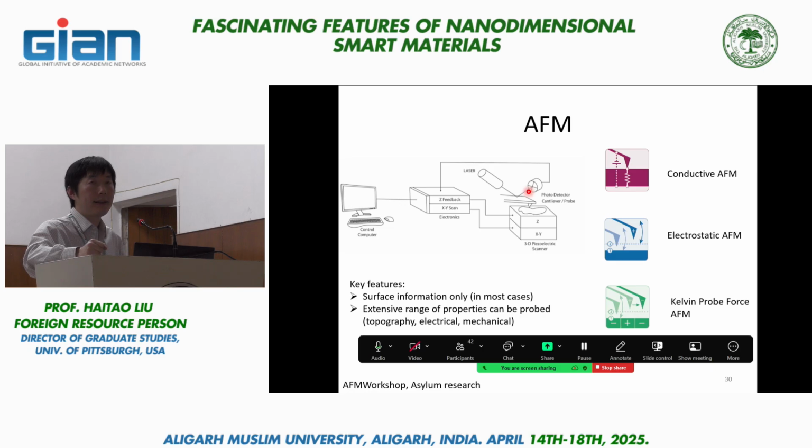So the kind of expansion is almost limitless. You can do mechanical measurements, you can figure out the mechanical response, you can figure out the magnetic response from material, so many different things from one very simple technique that is just tapping of a surface using a needle. So I'll stop here.